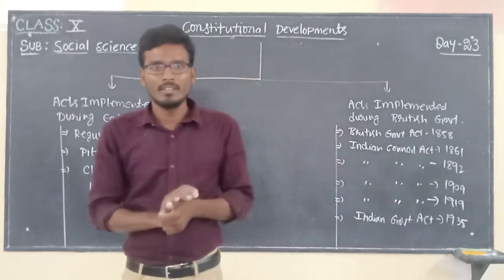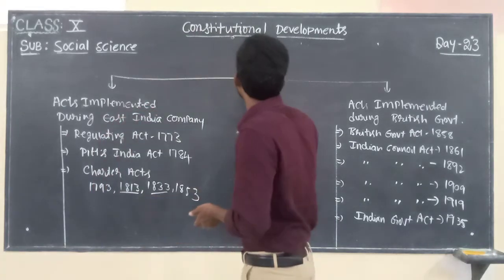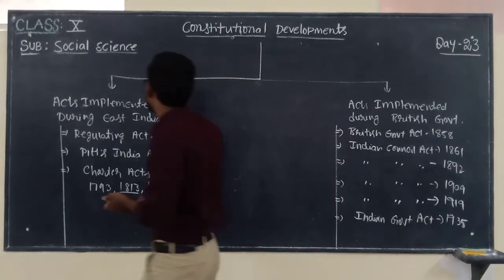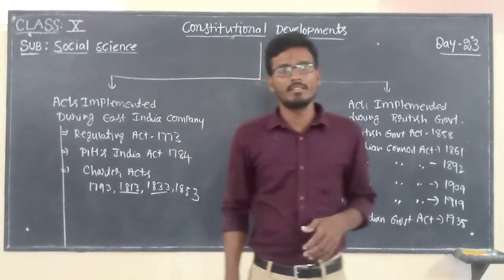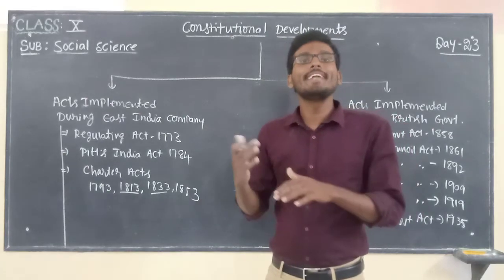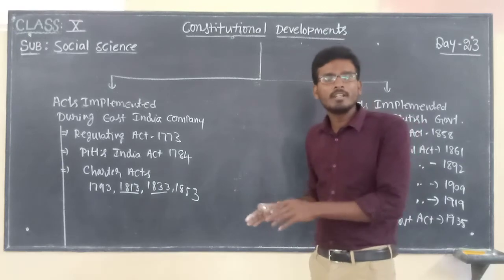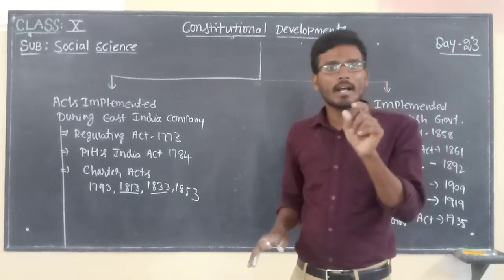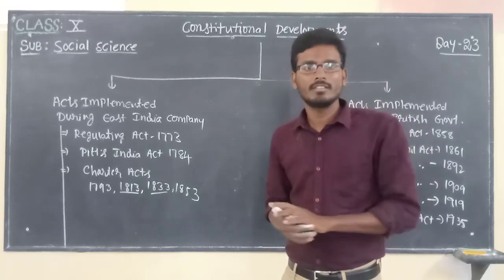So students, so far we discussed the acts implemented by the British, right? Now, why were these acts implemented? Why did all the developments take place? All the developments took place only because of the struggles led by the Indian leaders.